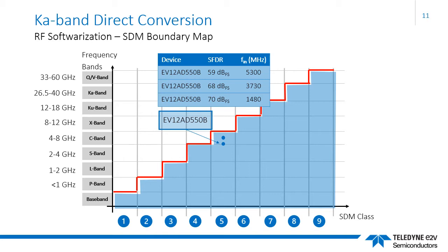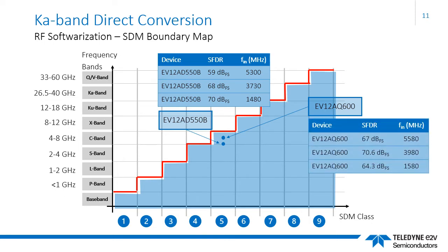The second device is the newest part, the EV12AQ600. It features nearly 150% more bandwidth, best exemplified by the fact that it delivers 67 dB SFDR at 5.6 GHz. Unsurprisingly, with its higher bandwidth, the AQ600 would make the superior choice for C-band applications. However, the AD550 might be the better choice for L and S-band operation.